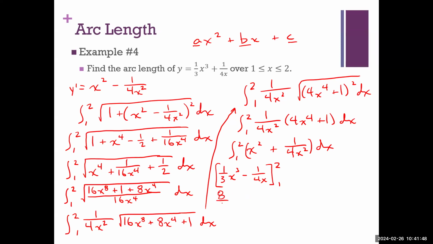So 8/3 minus 1 over 8 minus, so whatever this comes out to be, 59/24.